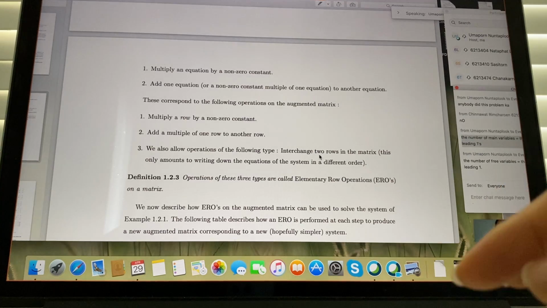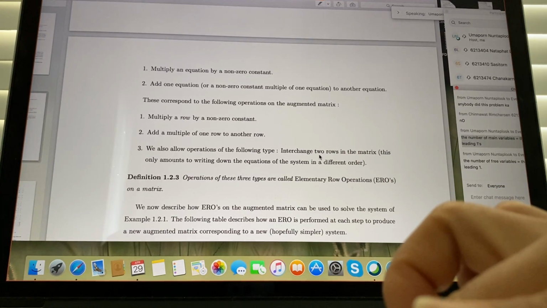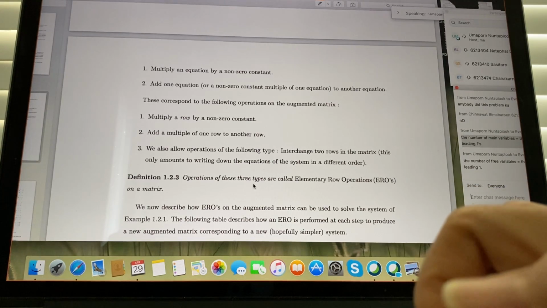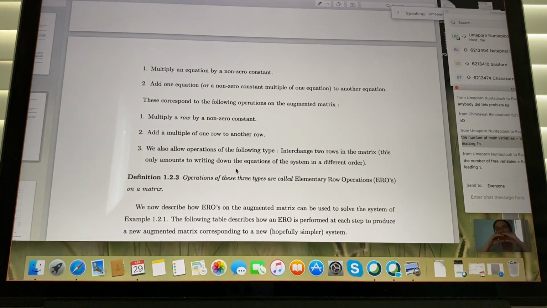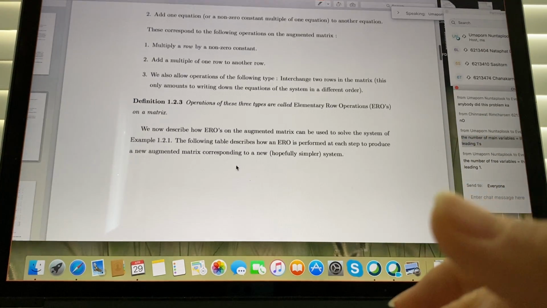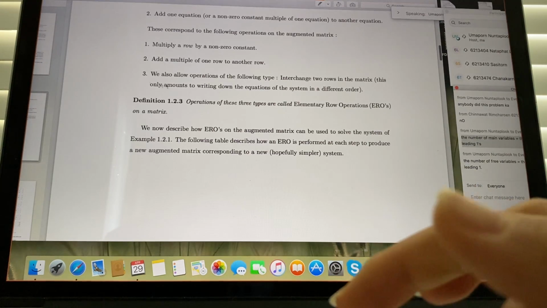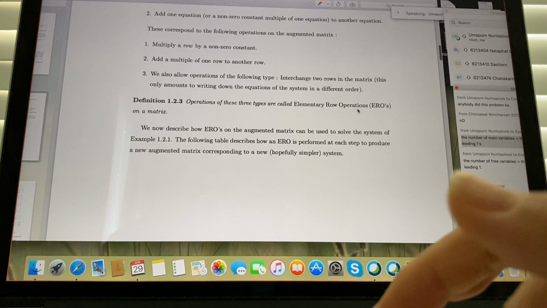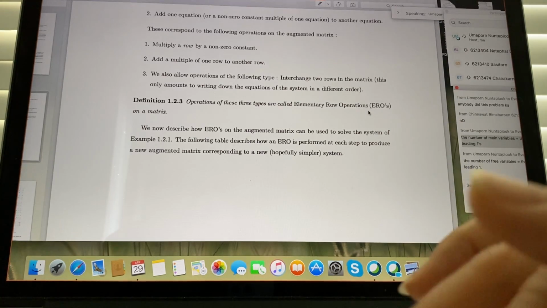The system will still be consistent and nothing will change about the solution. What else? If you have a whole row of zeros, move it down to the bottom. We say that these operations are called elementary row operations.